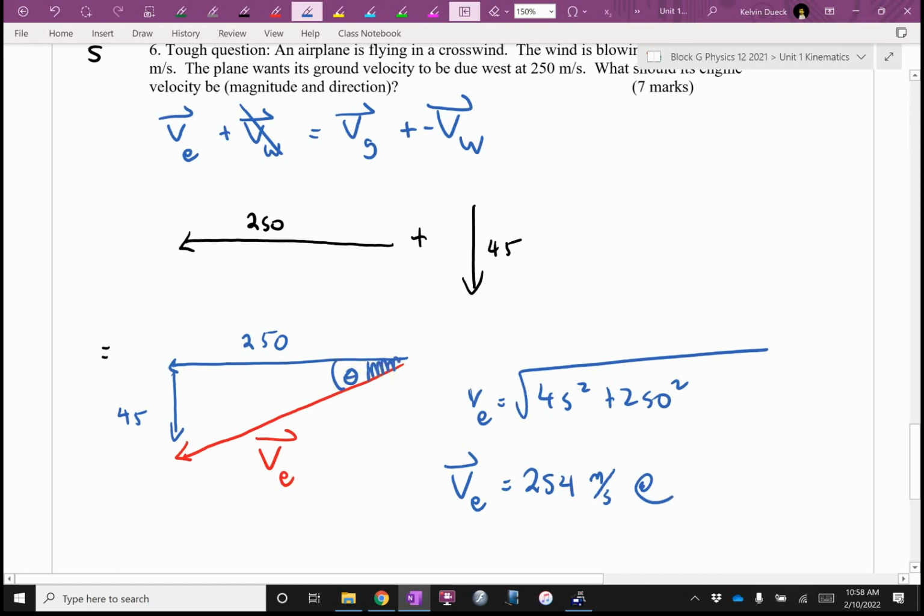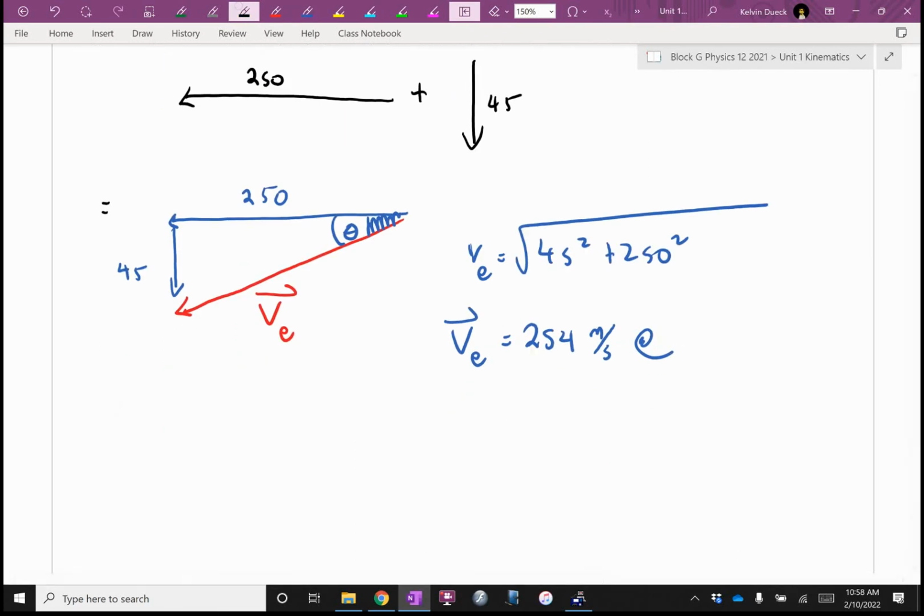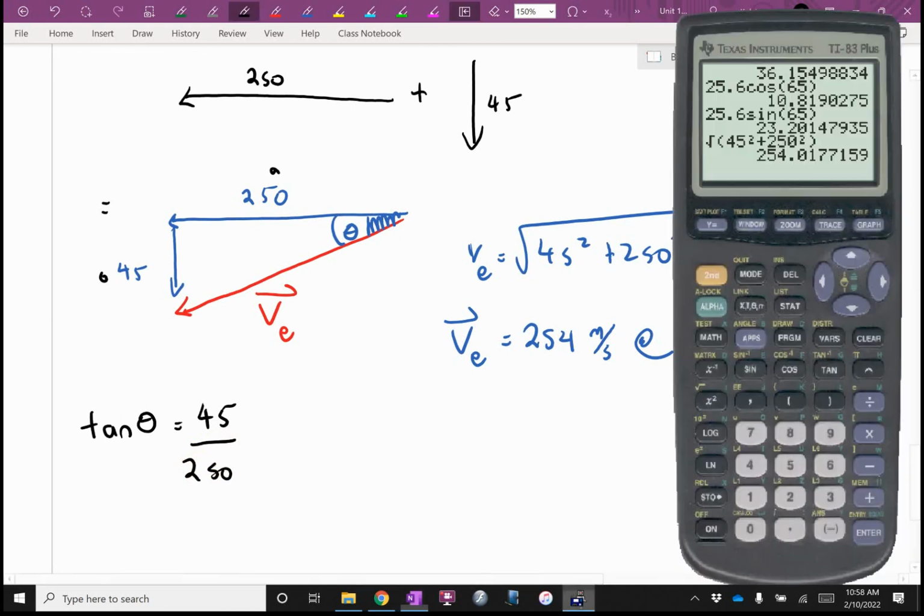Looks like it's going to be opposite, adjacent, inverse tan. Tan theta equals 45 over 250. So shift tan of 45 divided by 250, and I get 10.2 degrees.